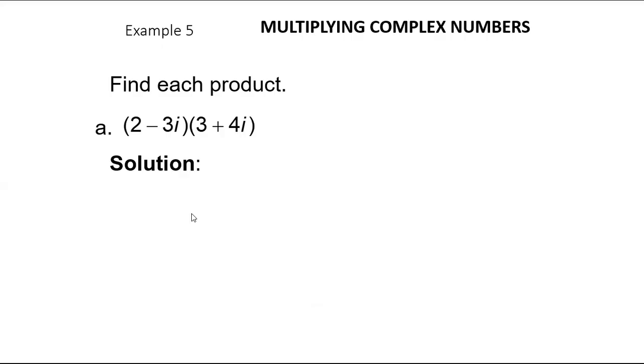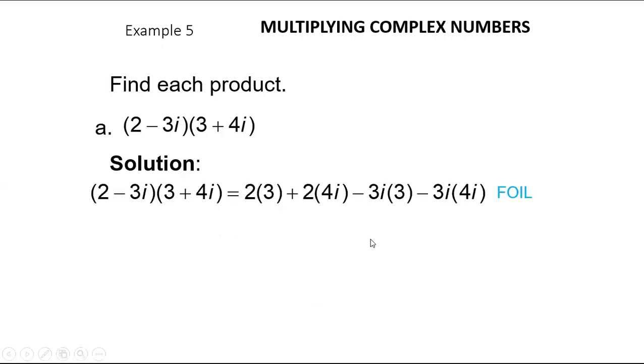Okay, further we come to the question solution. Over here, you can see we multiply each and every individual value of the first complex number with the real value, and further with the imaginary value of the other complex number, and we get the values of the real 6 and -12 iota, and the imaginary 8 iota and -9 iota.